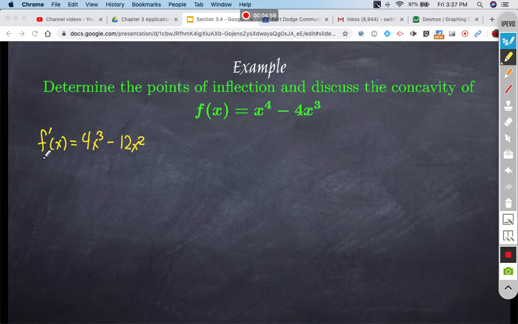So the second derivative is going to be 4 times 3 is 12x squared minus 2 times 12 is 24x. And I'm going to factor out my common factors because I'm trying to find where the second derivative equals 0. So 12x times (x minus 2).